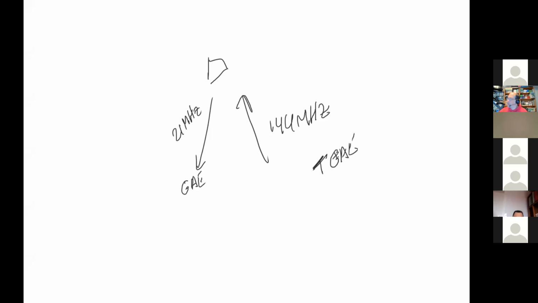If I have a technician class license and my call sign suddenly appears on the downlink, somebody might say, you have a technician class license, your signal shouldn't be there. But I didn't put it there. The satellite did. So that wasn't anything that I did wrong.